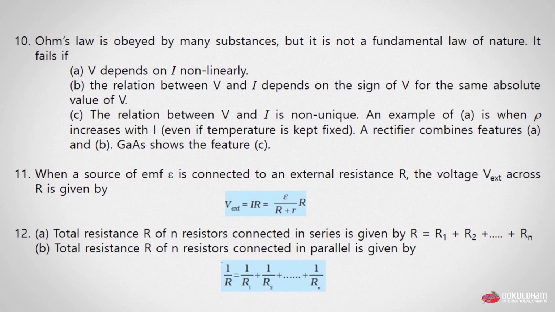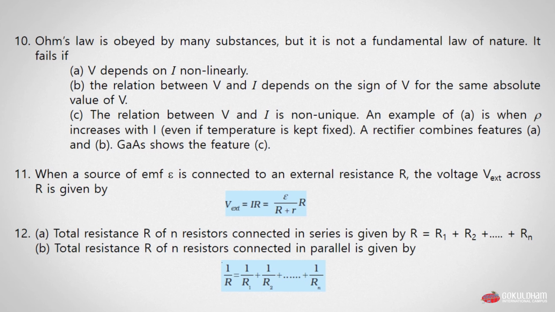It fails if A, V depends on I non-linearly; B, the relation between V and I depends on the sign of V for the same absolute value of V; C, the relation between V and I is non-unique. An example of A is when the resistivity increases with I even if temperature is kept fixed. A rectifier combines features A and B. GaAs shows feature C. So these A, B and C are three cases where Ohm's law may fail.